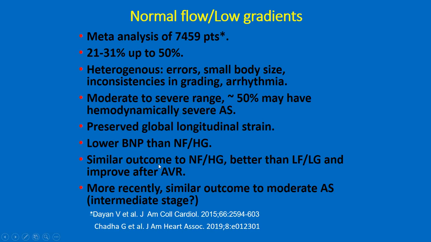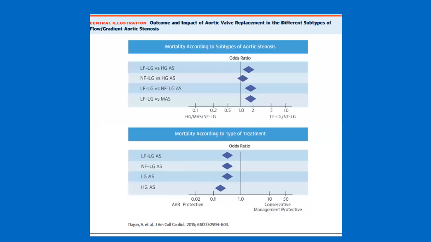Prior papers from a few years ago reported an outcome similar to classic severe aortic stenosis and better than low flow, low gradient. But more recently it has been shown that this group of patients, normal flow, low gradients, is quite similar to those with moderate aortic stenosis in terms of prognosis.